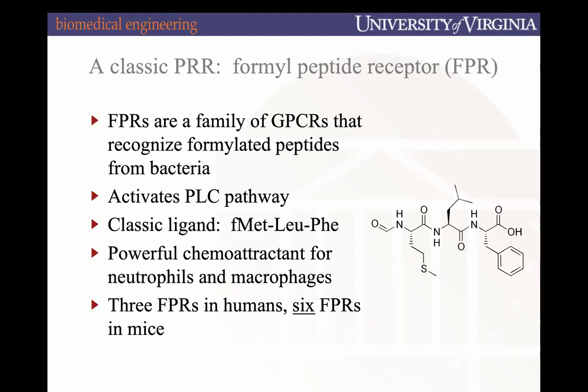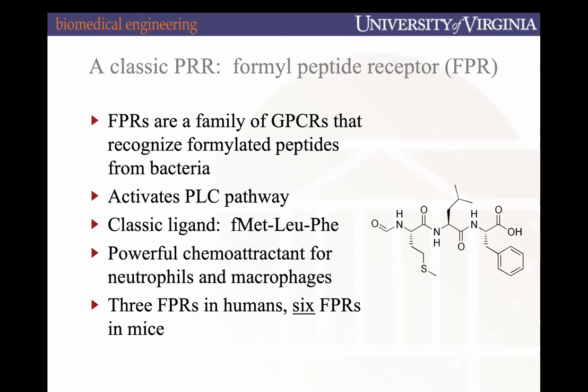They recognize specifically formylated peptides from bacteria, specifically formylated methionine. One thing we haven't talked about yet is that whenever a gene is expressed, there's a specific signal that initiates that transcription. That's called the start codon.